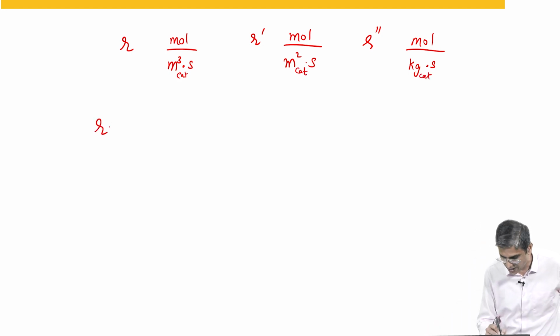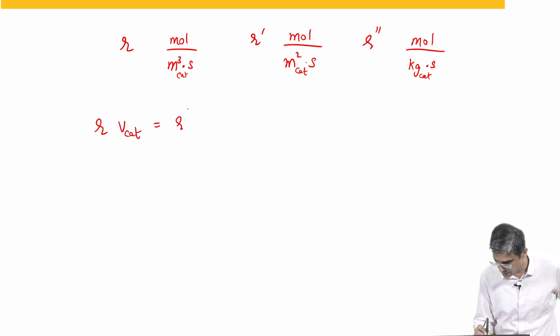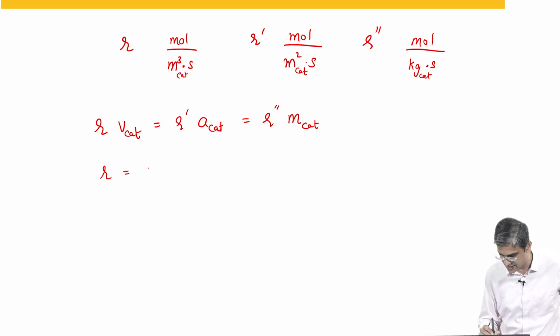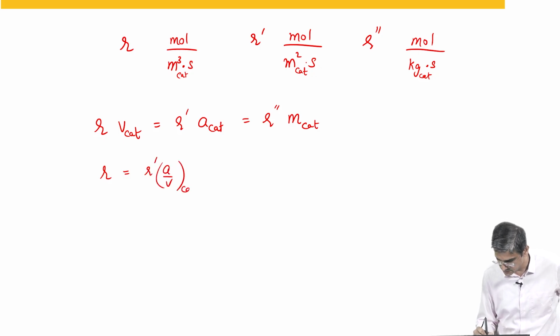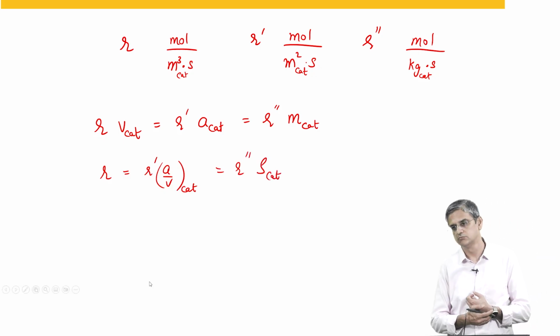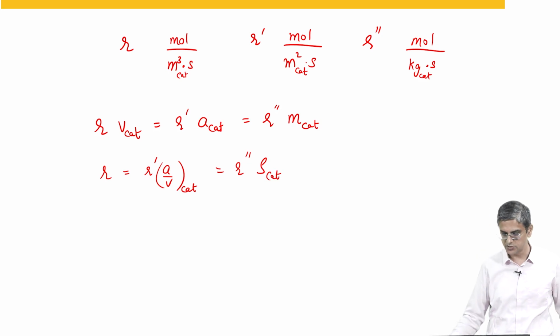So, R multiplied by V catalyst equals R dash multiplied by A catalyst equals R double dash multiplied by mass of catalyst. You divide this by V cat, you will get R dash A by V catalyst equals R double dash rho catalyst. This is how they are related.